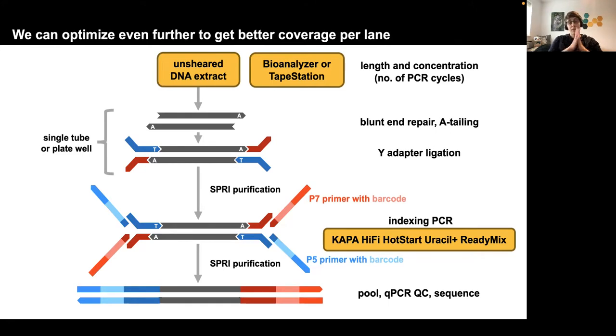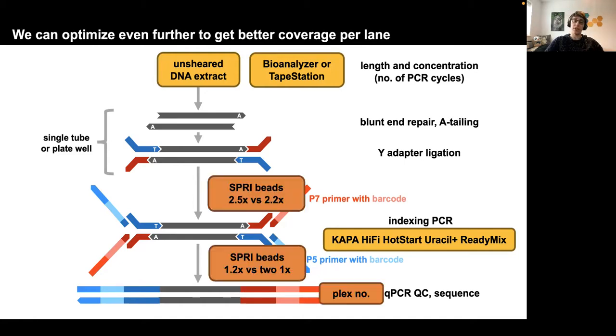And the thing that we tested in this round actually was the concentrations of spry beads. As some of you are probably aware, the higher the spry bead concentration, the more short molecules you will get. And we had quite a lot of good length molecules, and we don't want to waste too much of the sequencing run or lane capacity on really short molecules.